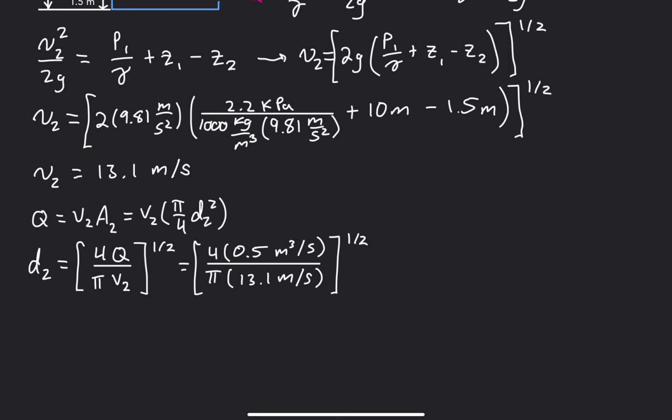Four times 0.5 divided by pi divided by 13.1 and square root. We get the diameter of this outlet is equal to 0.22 meters.